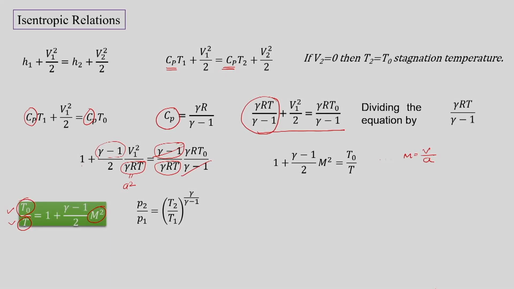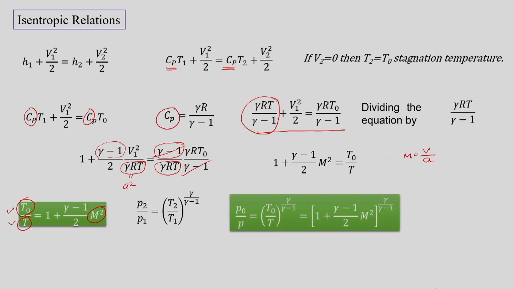Further, let us use the isentropic relation which says that P2 by P1 is equal to T2 by T1 bracket raised to gamma upon gamma minus 1. As we have said, in the case of stagnation conditions, the flow is brought to rest isentropically. So we can use this relation to correlate the temperature ratio and pressure ratio between the static and stagnation quantities.